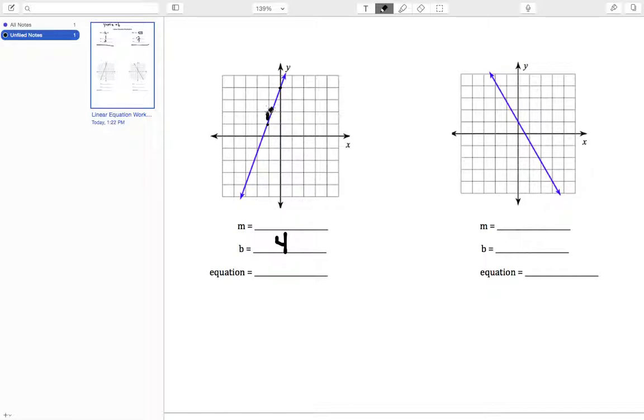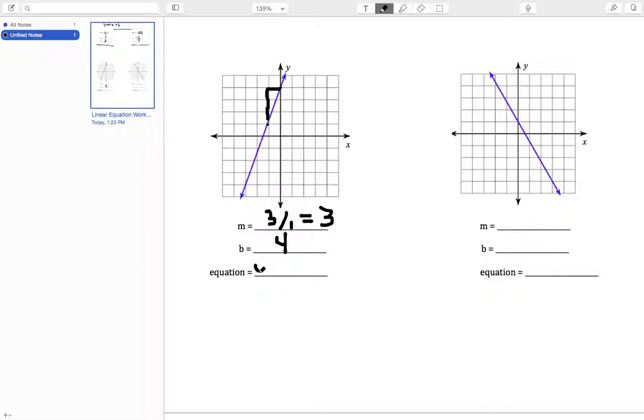So I have to go up, 1, 2, 3. So 3 over 1. So when you're making a fraction for a slope, it's always important that it's in the lowest terms. For this one, I can simplify by going 3 divided by 1, which equals 3.